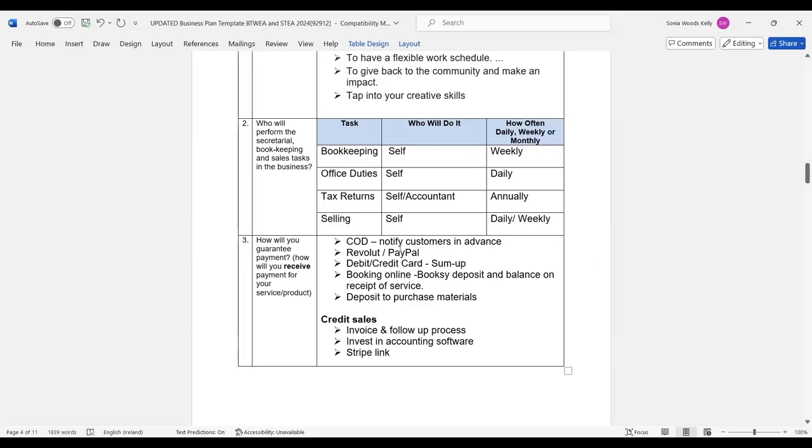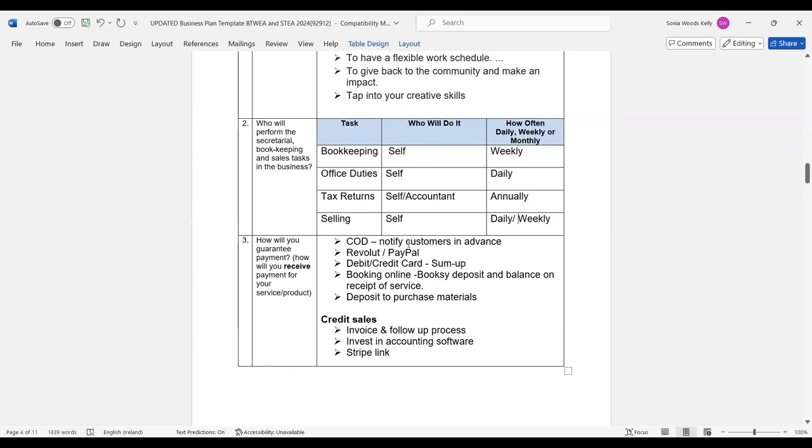So just a couple of pointers here. They may not all be relevant to your particular business, but it's just to make you think a little bit about it. One of the first methods of payment is, are you providing a service or goods and you're getting paid immediately, cash on delivery?